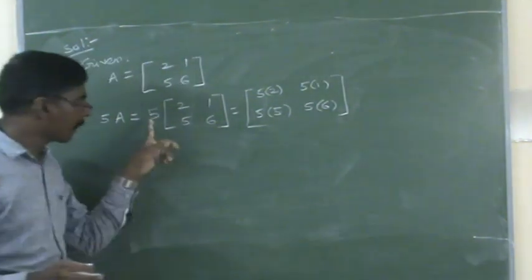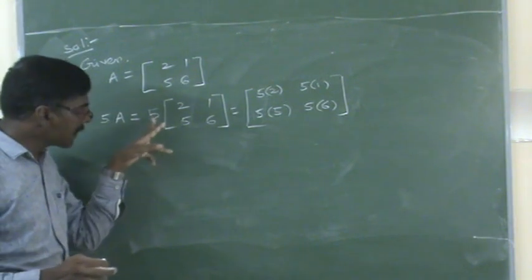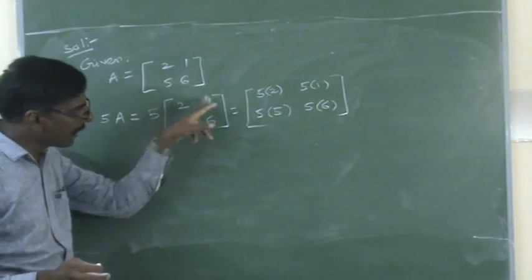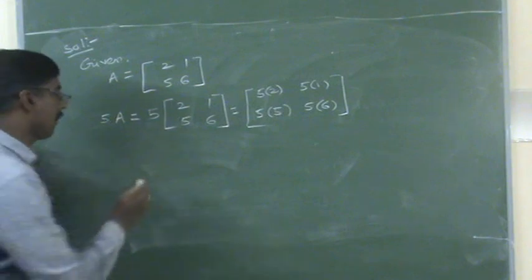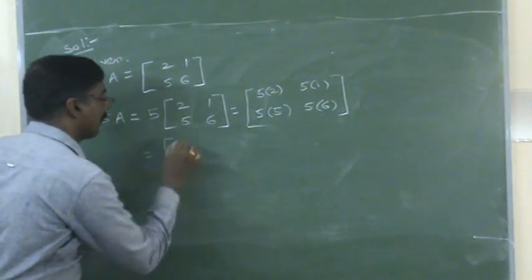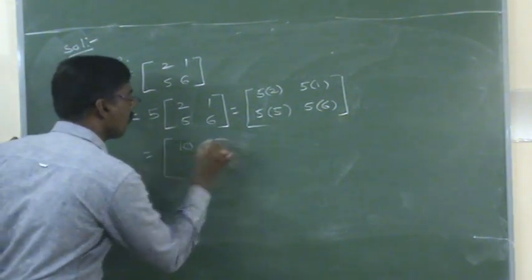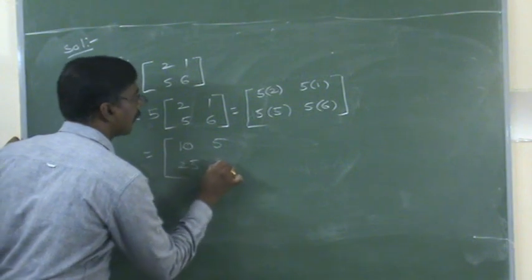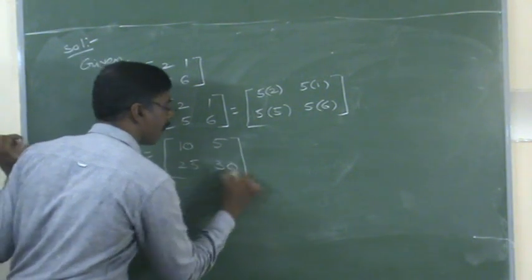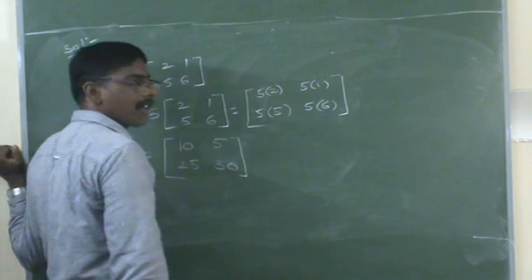This is scalar multiplication of the matrix, meaning the scalar is multiplied by each element inside the matrix. That's all. And the answer will be 10, 5, 25, 30.